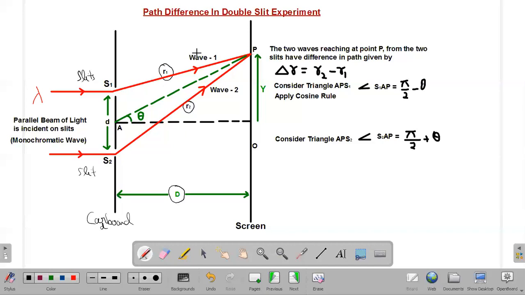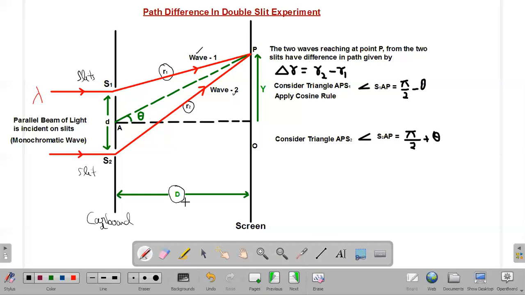I call them wave 1 and wave 2. They have their paths equal to R1 and R2, and our aim is to find out the path difference between wave 1 and wave 2 when they reach the point P.